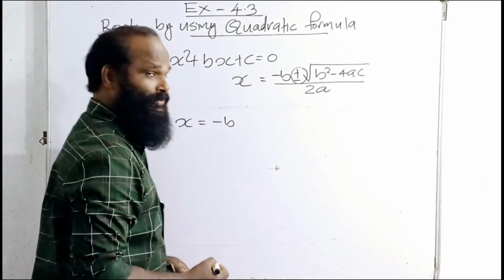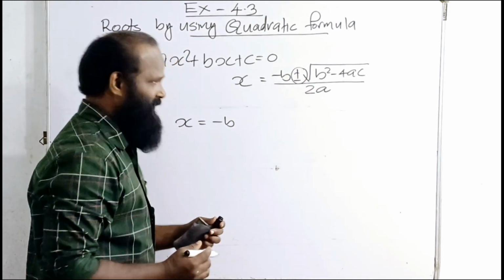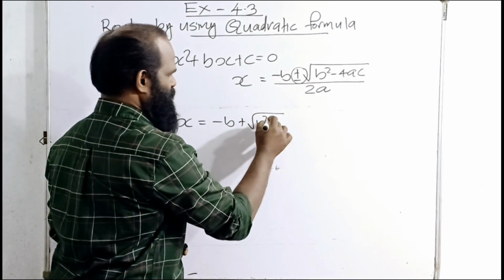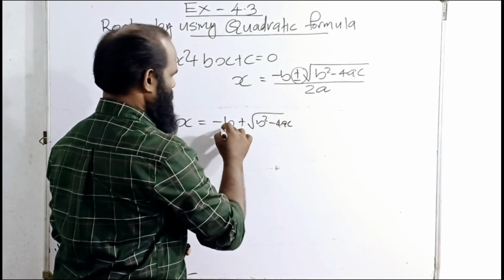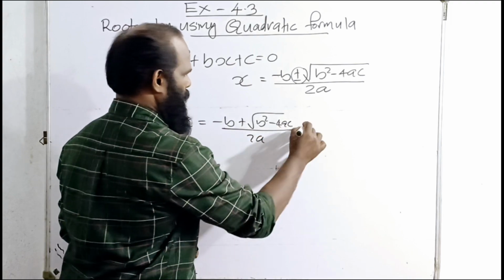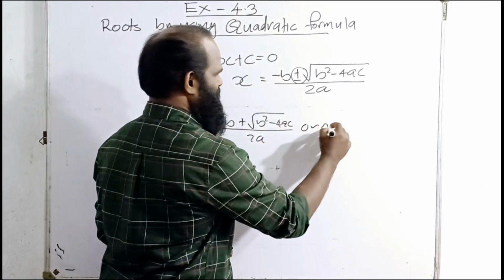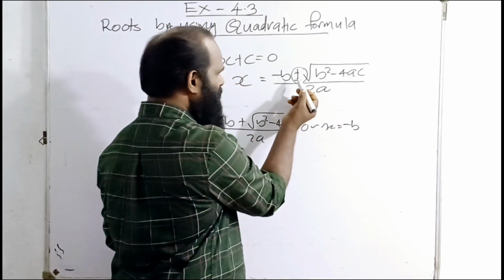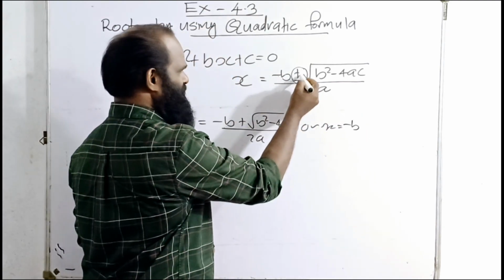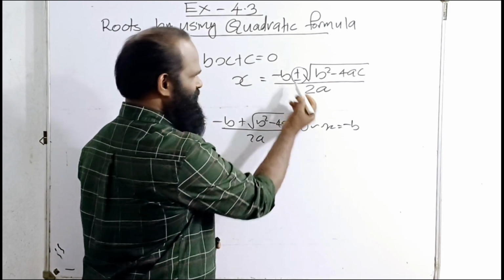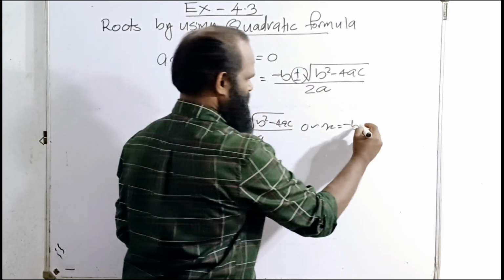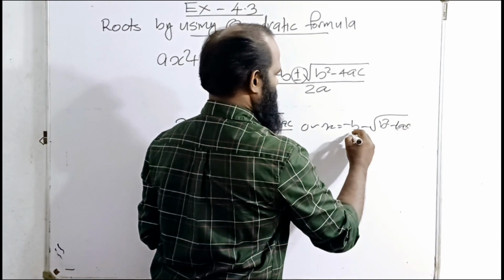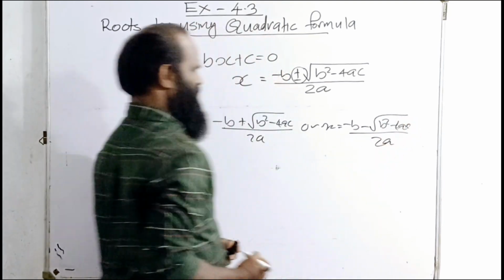This is where we are going to separate it. x is equal to minus b plus root b square minus 4ac by 2a, or x is equal to, again, minus b. We have already taken the plus sign over here. The next one is minus b minus root b square minus 4ac by 2a.